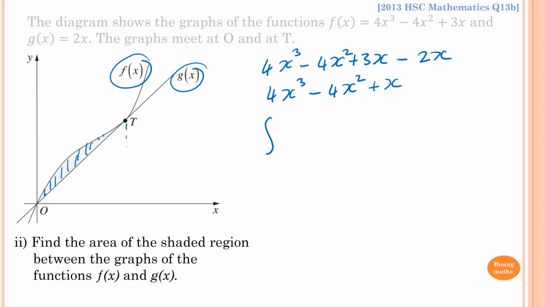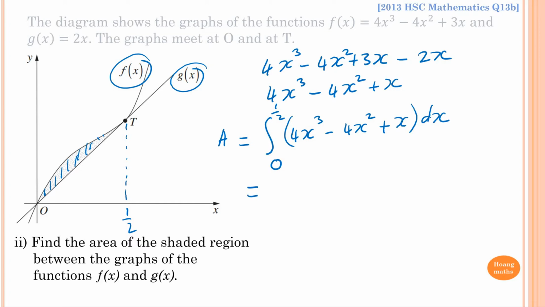So we know that this one here is a half, which we already found in part 1. So all we need to do is find the area, which is equal to the integral from 0 to a half of 4x^3 minus 4x^2 plus x dx.